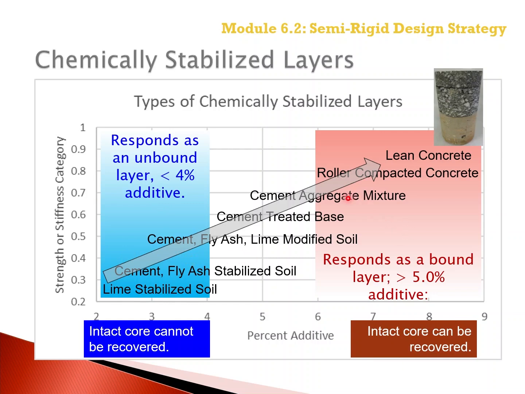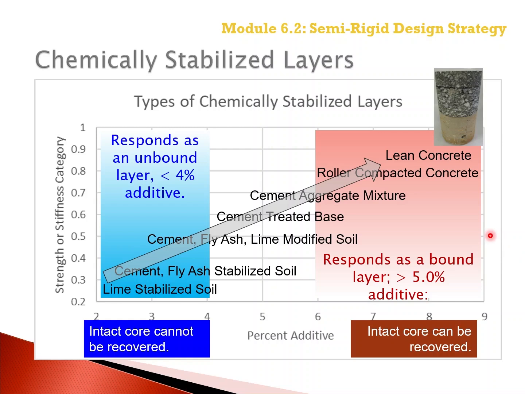However, if we've added enough additive, say above 5%, and an intact core can be recovered, as shown in the photo, we get an intact core of that chemically stabilized layer, then it is assumed that layer is responding as a bound layer, has flexural strength, and can resist tensile stresses. So that is the definition of a chemically stabilized layer.